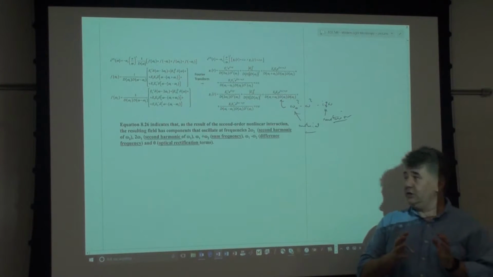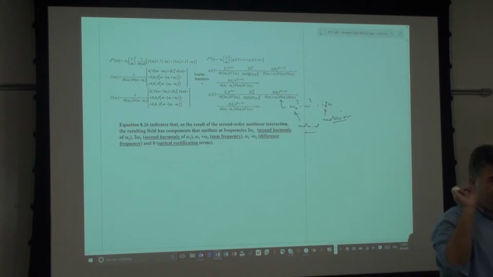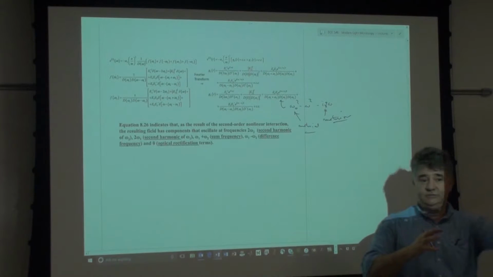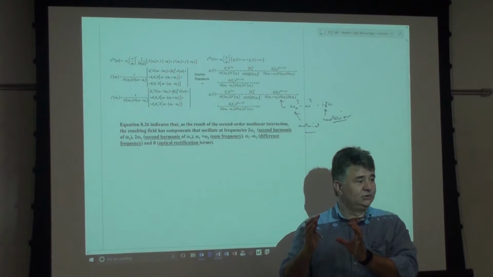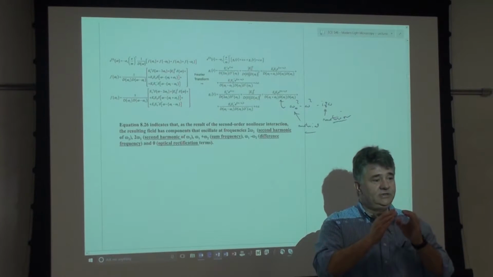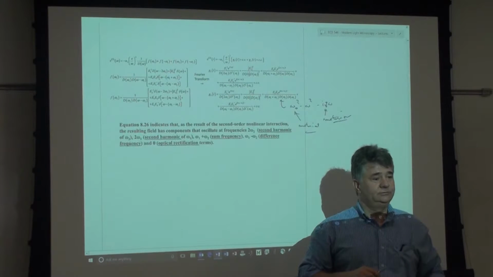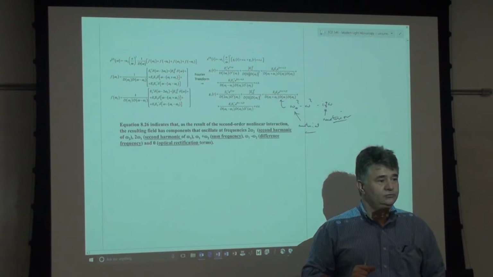You take your nonlinear crystal, the strength or the response at the frequency 2 omega, at the second harmonic generation, is the linear response evaluated at 2 omega times the linear response at the fundamental at omega squared. Okay?